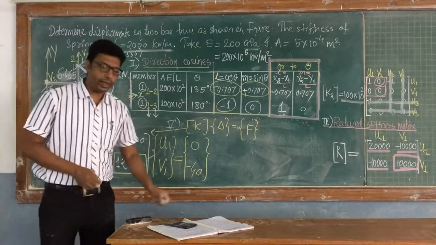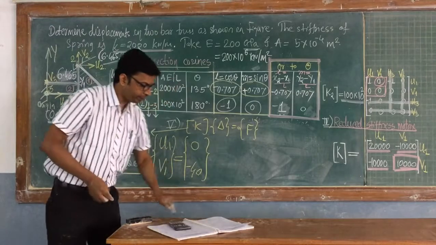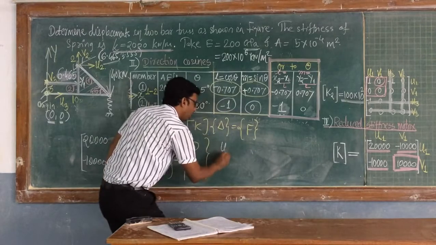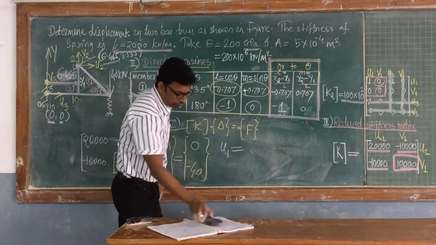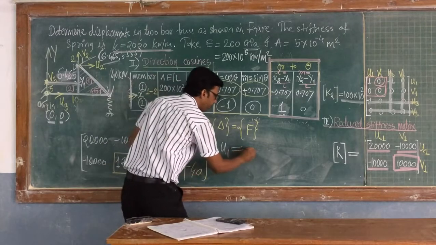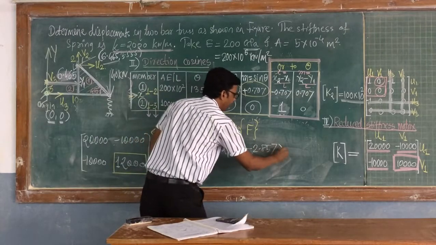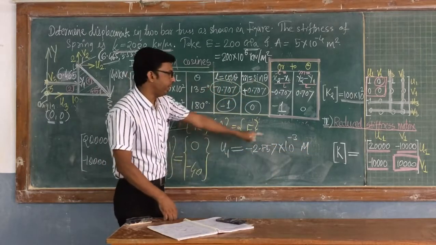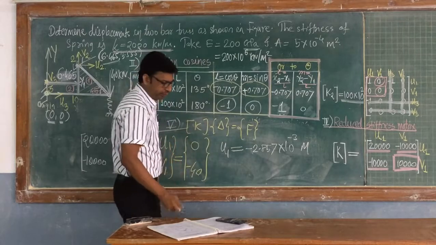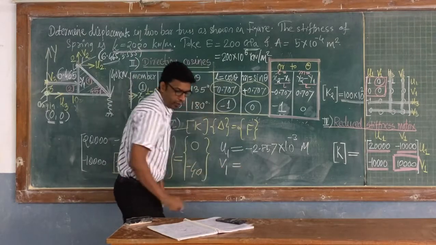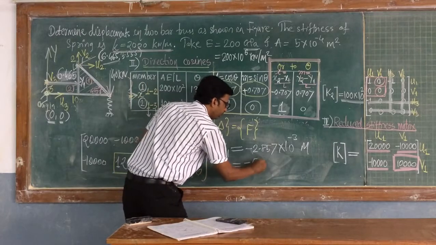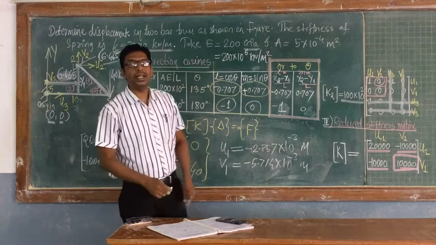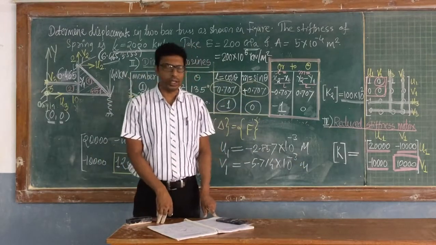So if you solve these two equations, two unknowns, you will get finally U1 and V1. Okay? So if you solve it, U1 is equal to minus 2.857 into 10 raised to minus 3 meter, and V1 is equal to minus 5.714 into 10 raised to minus 3 meter.